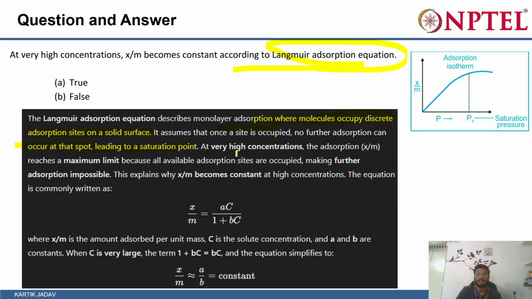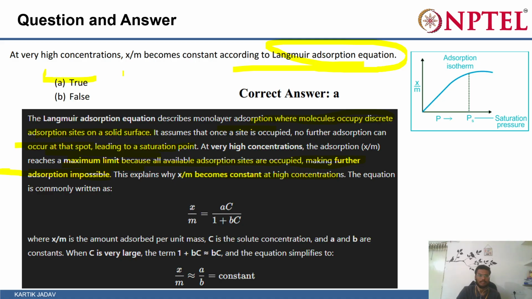At a very high concentration, the adsorption, that is X by M, reaches a maximum limit because all available adsorption sites are occupied, making further adsorption impossible. And this explains why X by M becomes constant at high concentration. So this is the correct answer here.